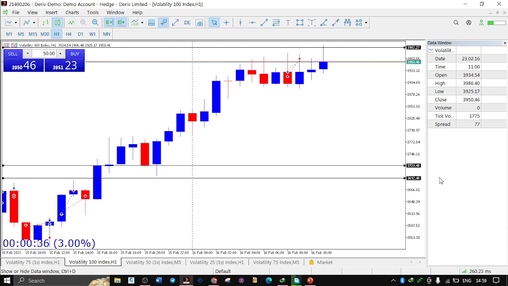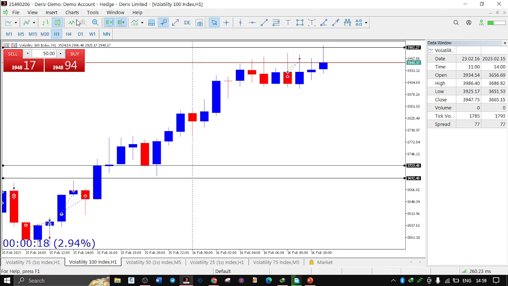You see, we are risking a smaller percentage to gain a bigger percentage. You understand? So everything you've seen is calculated in terms of pips.